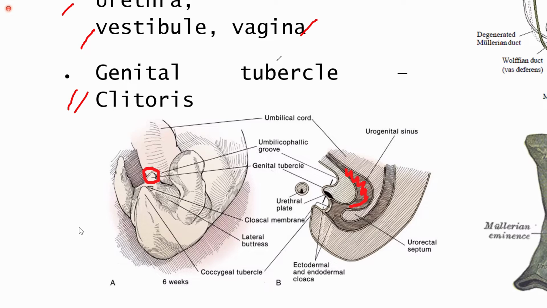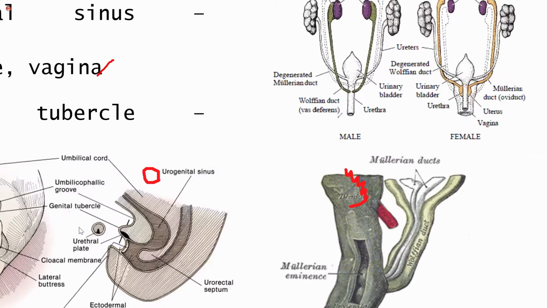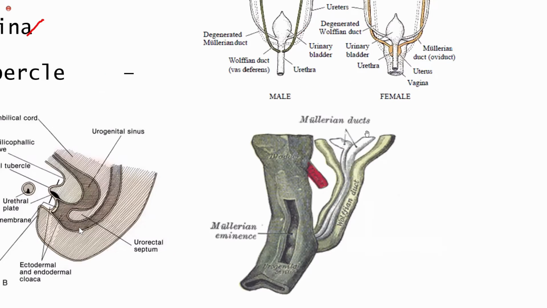And also, I just want to pinpoint to you the Mullerian duct. So this Mullerian duct is intended for the female individual. What is the counterpart of this in the male? This is for the female.